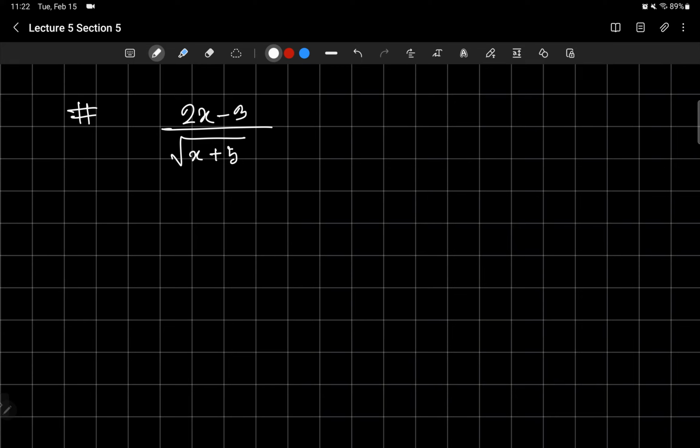Because in general, square root of x plus 5 can be an irrational number. If you take, let's say, x equals 0, you get what? Square root of 5 in the denominator, and the square root of 5 is an irrational number.